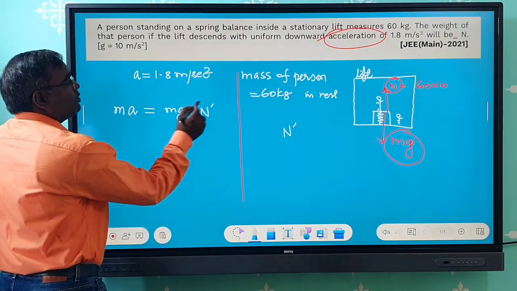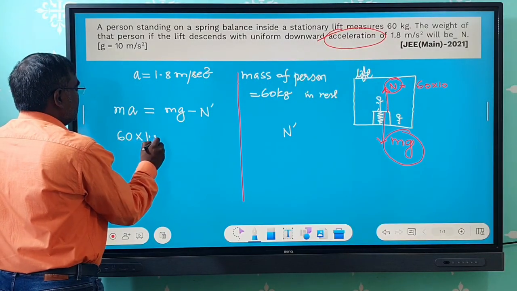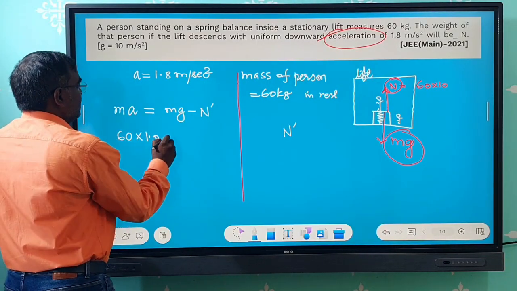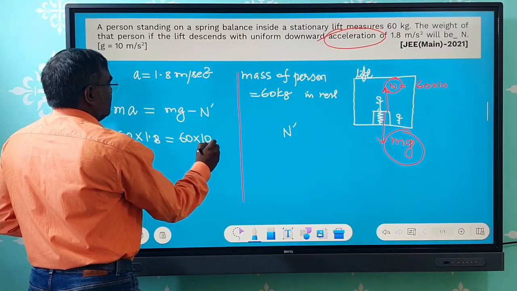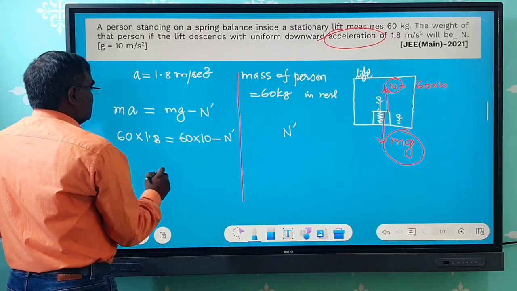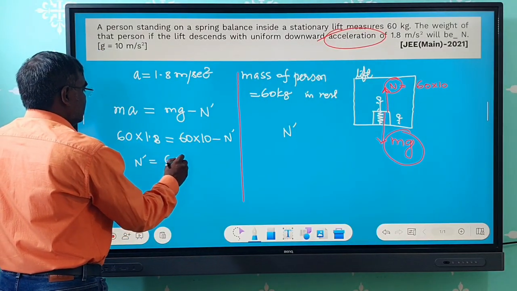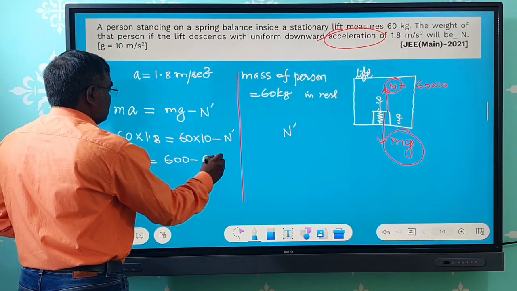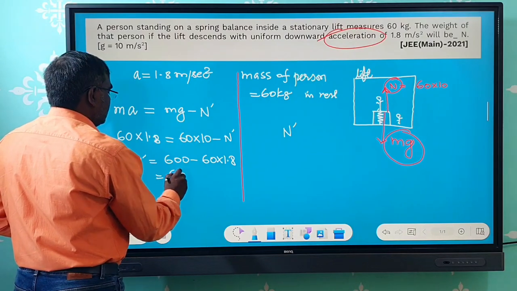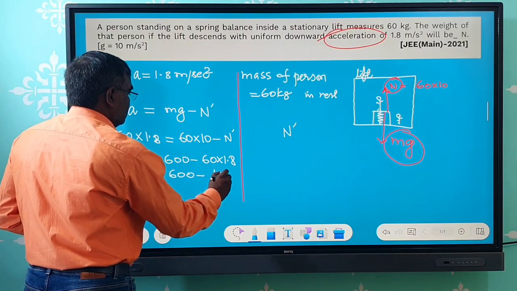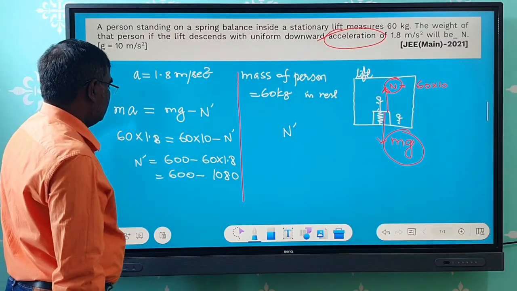So m is equal to 60 kg and a is equal to 1.8 meter per second square, so m a is equal to 60 into 10 minus N prime. So N prime is equal to 600 minus 60 into 1.8, so 600 minus 108.